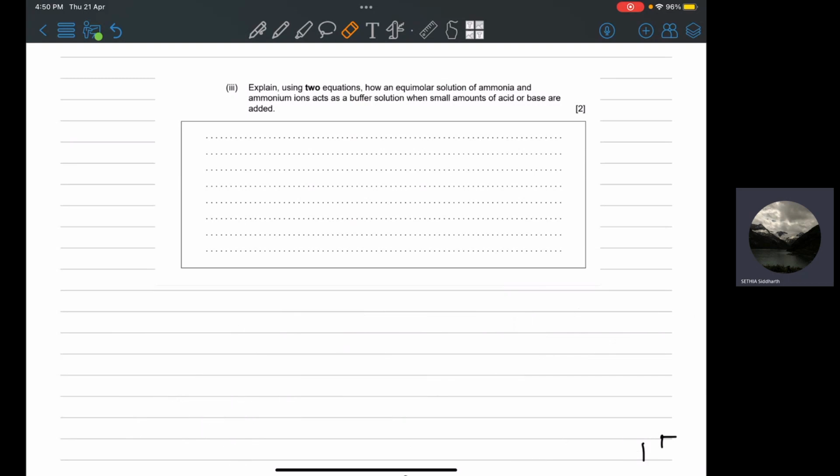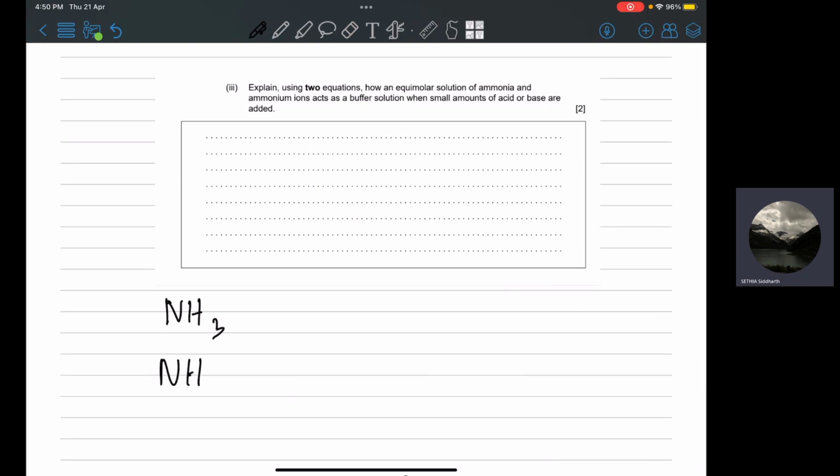Now in this question, they've told us, explain using two equations how an equimolar solution of ammonia and ammonium ions act as a buffer solution when small amounts of acid or base are added. Now, ammonia is a weak base.